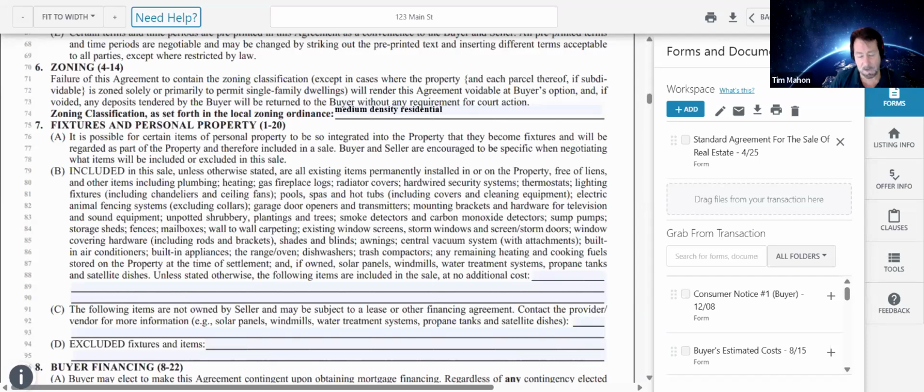So you've got to pay attention to those things. That's why I said at the beginning, have a copy of the listing in front of you, a copy of the tax record in front of you, and of course, have the seller's disclosure ready to go for getting signature as well. That's where you find all that information out. Now, I do make sure that I read this paragraph B verbatim to my client.